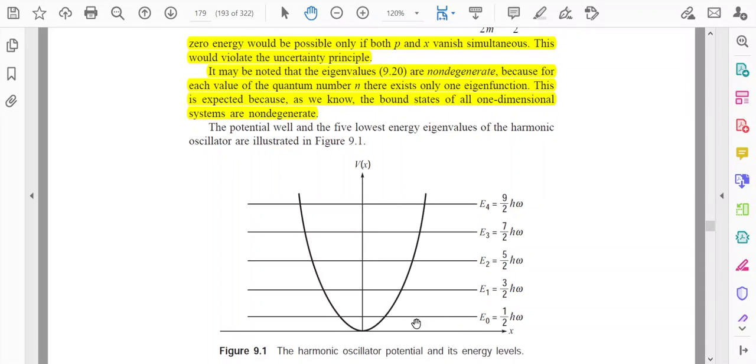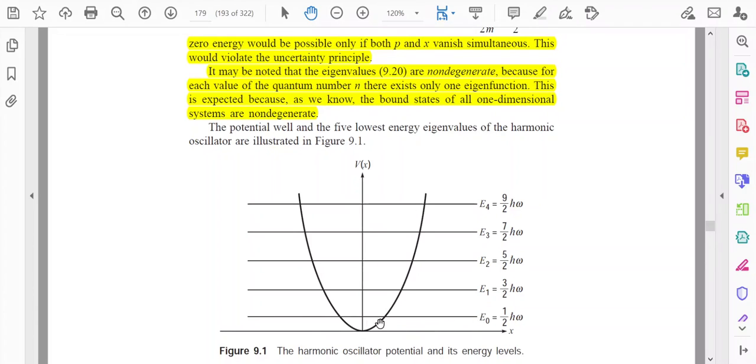This is the difference from the old quantum theory, where the lowest possible energy is 0, and in a classical oscillator also the lowest possible energy is 0. But in the case of the quantum mechanical oscillator, the lowest energy is not 0, the value is E0 equal to half h cut omega, as shown in this plot.